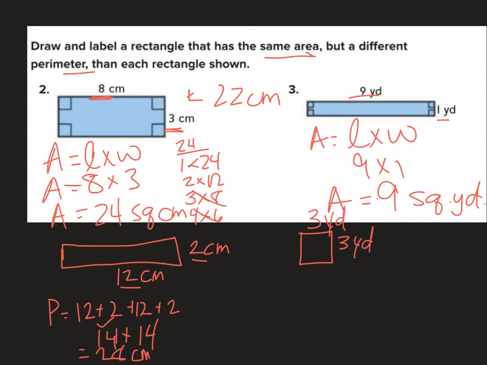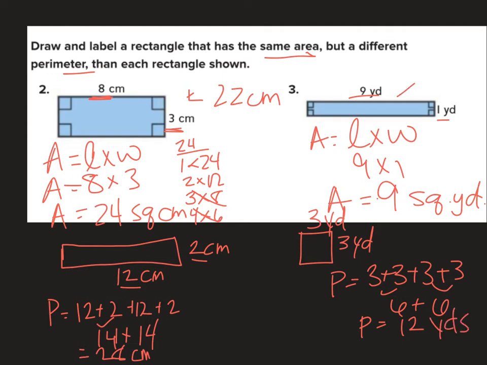We know the area is already 9 because 3 times 3 is 9. So let's find the perimeter. 3 plus 3 plus 3 plus 3, 6 and 6. So the perimeter equals 12 yards.